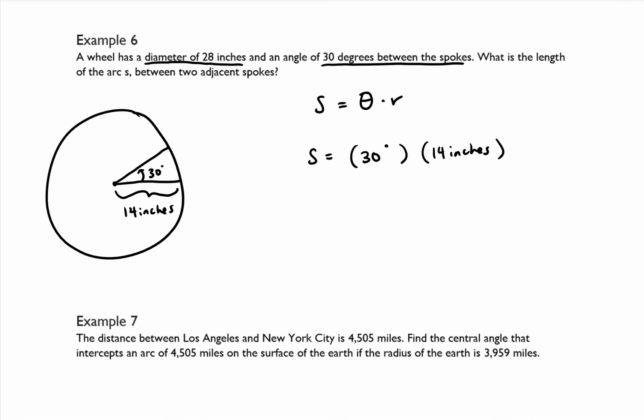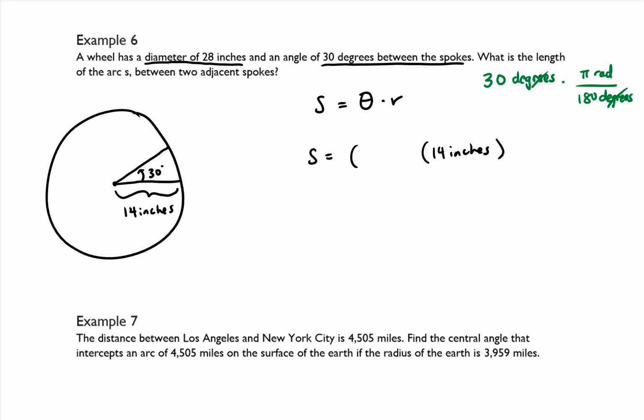However, the formula for arc length actually utilizes the angle in radians, because remember, when it's in radians, we don't write this, because if we multiplied the units, this would be degrees times inches, which wouldn't quite make sense. So we actually have to convert the 30 degrees to radians. And I'm going to do that off to the side here. 30 degrees times pi radians, and I'm going to just shorten it to rad for radians, over 180 degrees.